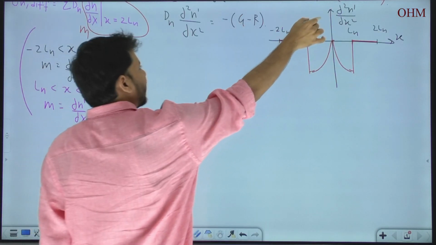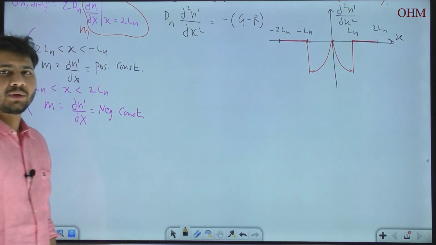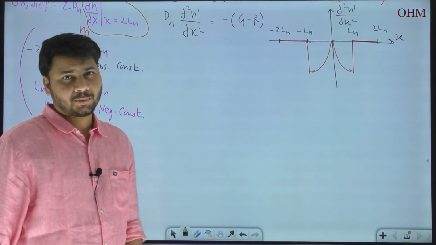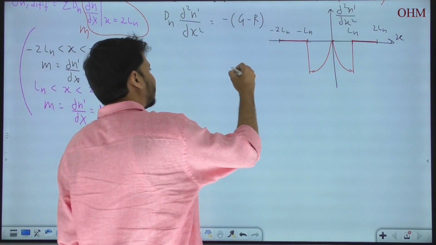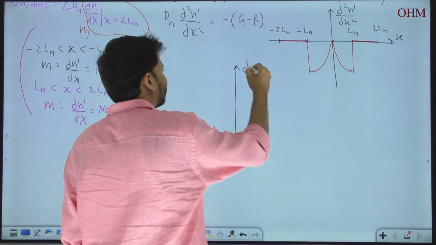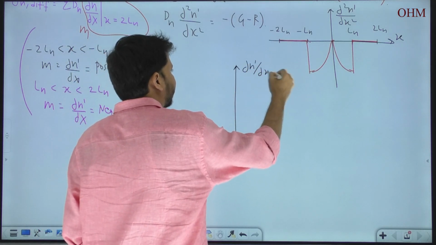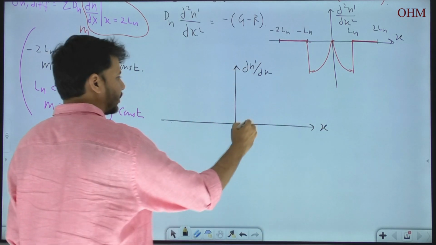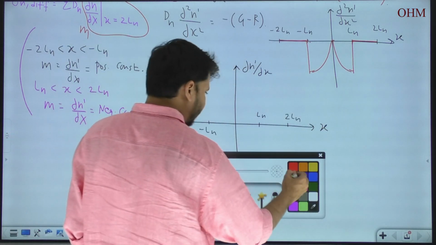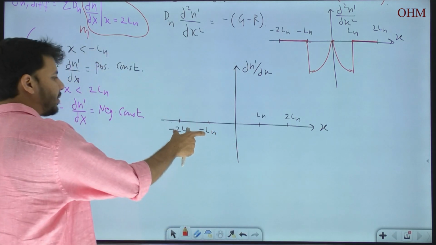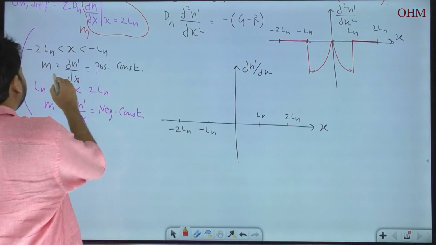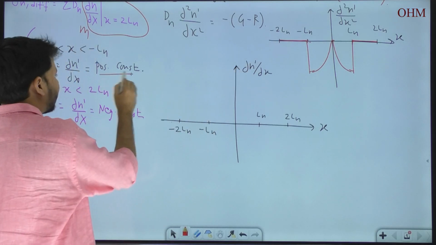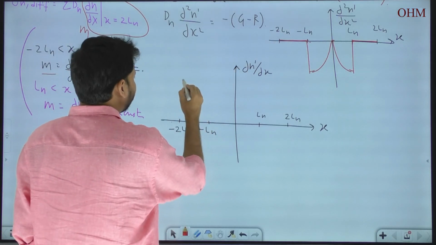Okay, from the second derivative, I am trying to show the variation of the first derivative, dou n prime by dou x, with respect to distance. We already know that between minus Ln and minus 2 Ln, the value of dou n prime by dou x is a positive constant.